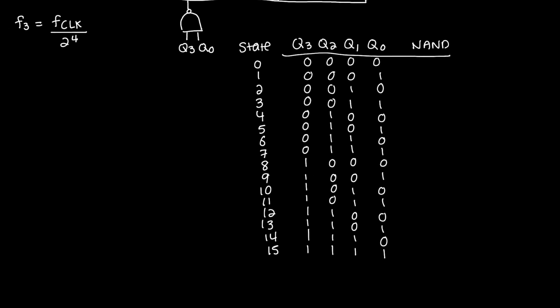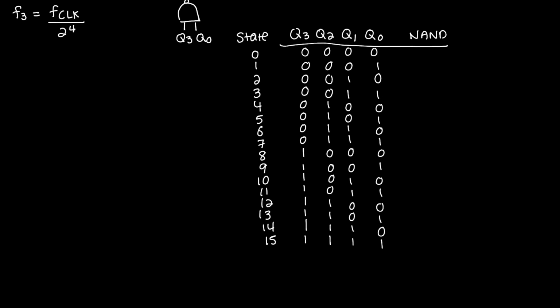So I'm going to look for all conditions in my truth table here where Q3 and Q0 are both high at the same time. And I know that under those conditions, my NAND gate is going to be low. And under all other conditions, it will be high.